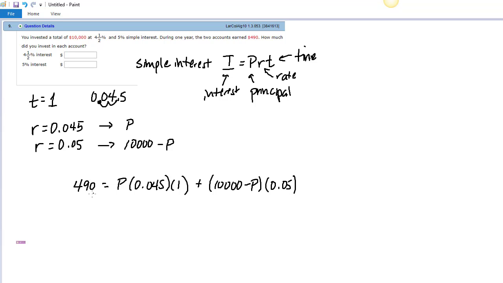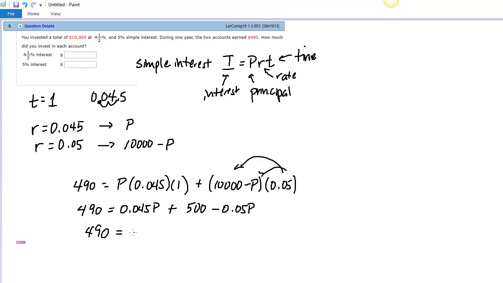All right, so we can come down here and write we have 490 equals 0.045 P plus, and now we need to distribute the 0.05 here, and we get 500 minus 0.05 P. And so now we can take 0.045 P minus 0.05 P, and we get 490 equals negative 0.005 P plus 500.